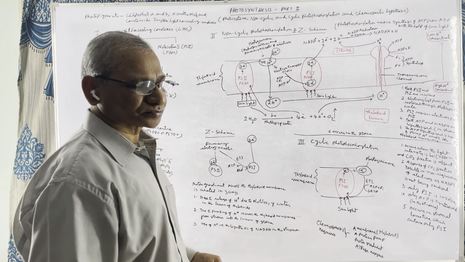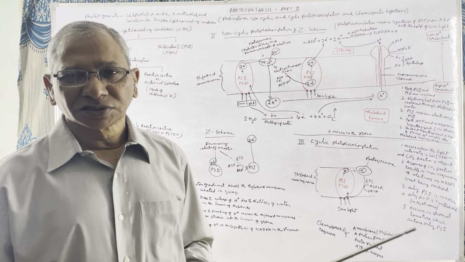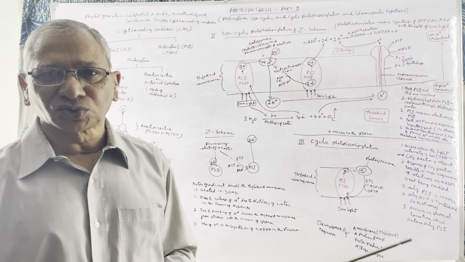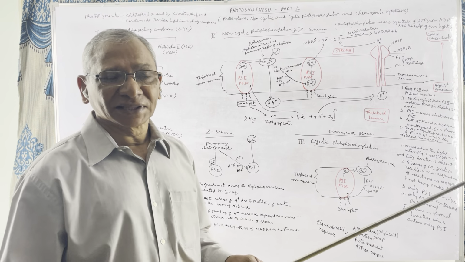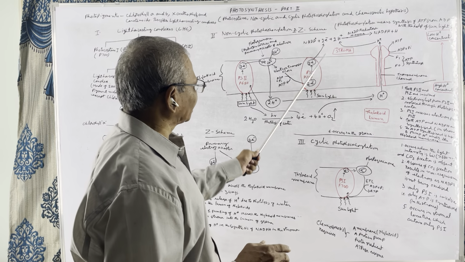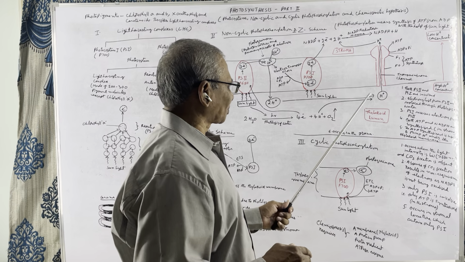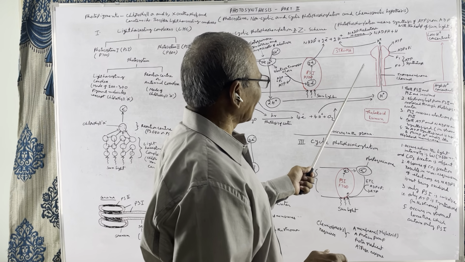Then, we know that the protons move from higher gradient to lower gradient. But there is a procedure for this. It just can't diffuse like this. For the movement of hydrogen ions or protons, one enzyme is required.